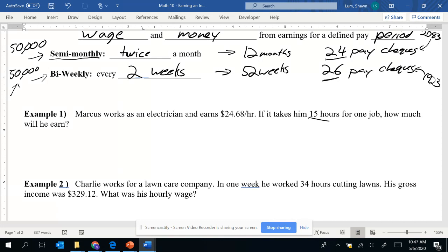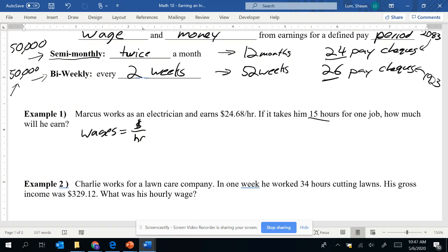So first off, wage is equal to dollars per hour. Okay. So what we want to know is how much money did he make?